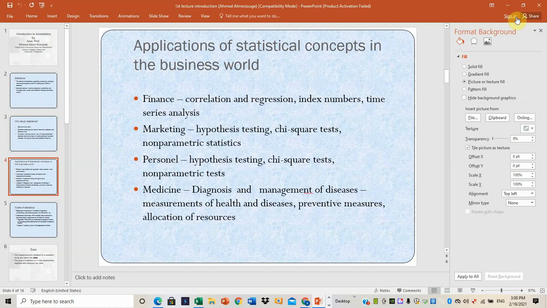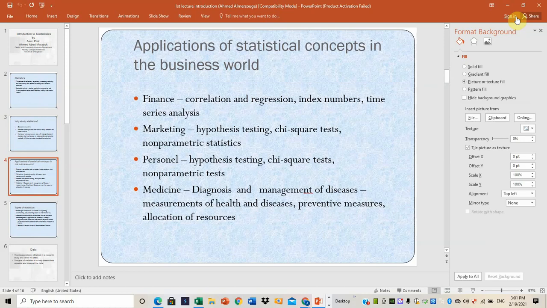What are the statistical applications in our practical life? Applications of statistical concepts in the business world: in finance, you use correlation and regression, index numbers, and time series analysis. In marketing, you use hypothesis testing, chi-square test, and non-parametric tests.